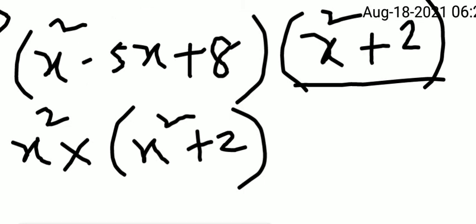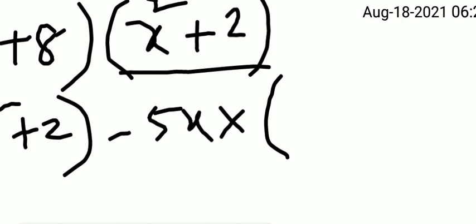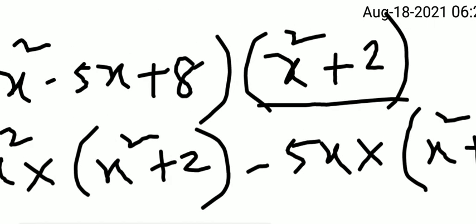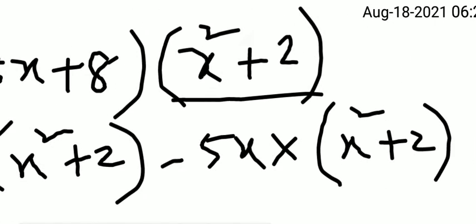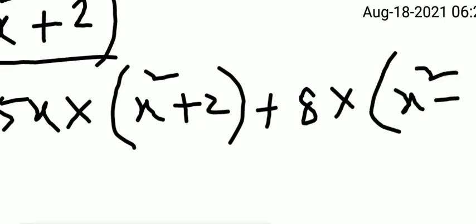Okay, so write minus 5x multiplied with x square plus 2, and then plus 8 multiplied with x square plus 2. Okay.